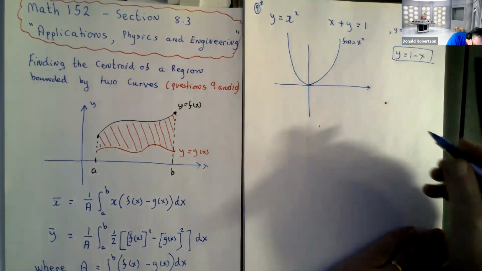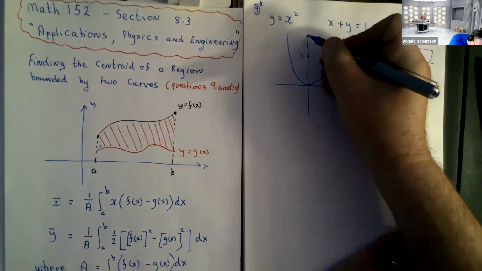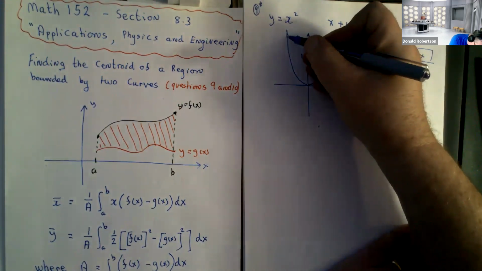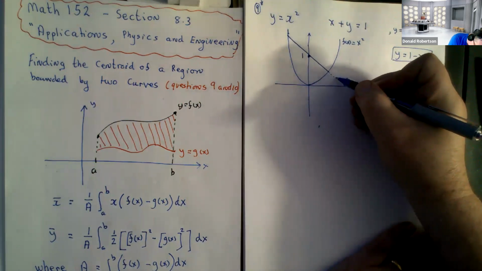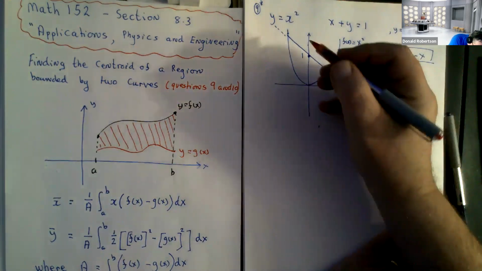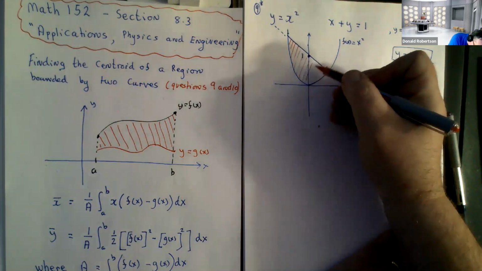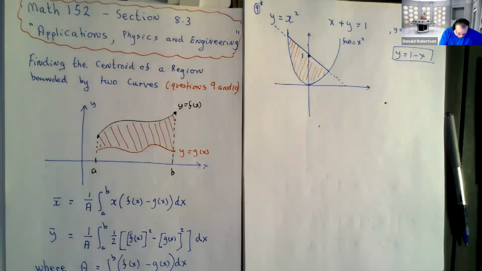So it's essentially a straight line, maybe not to scale, that starts here and goes something like that. So the region that we're trying to find the center of mass of is this region here.